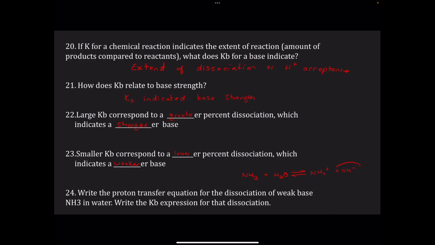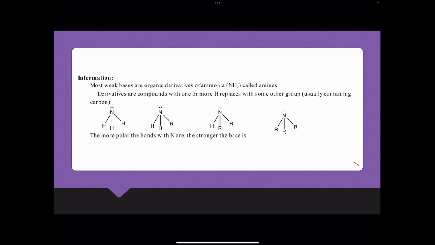We are producing hydroxide, which makes it an Arrhenius base. We're doing so by accepting hydrogen, making it a Bronsted-Lowry base. Either way, it's a base, so we describe that equilibrium by a Kb. Kb will be the concentration of NH4 plus times hydroxide divided by my original NH3.